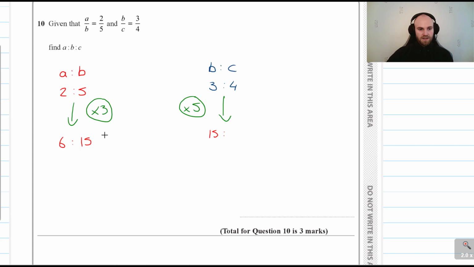Can you see how this and this are now equal? And this c we must multiply by 5 also. That is going to give us 20. So now we can compare. So a to b to c, well, a is going to be 6. b is going to be 15. It's 15 in both of them. And c is going to be 20.